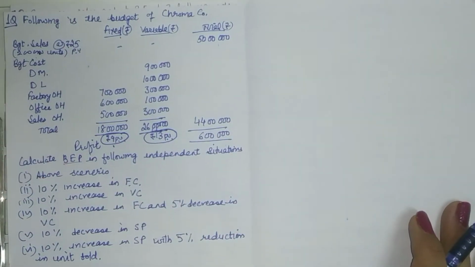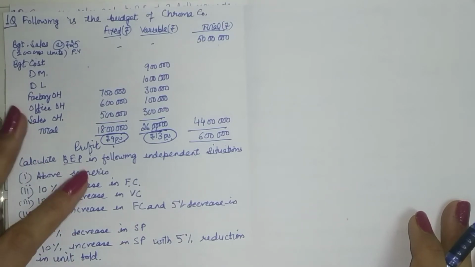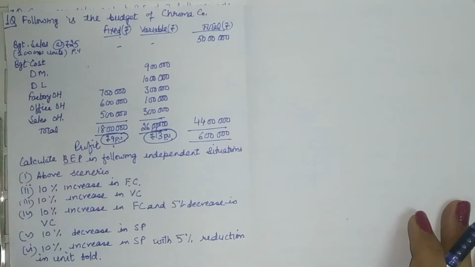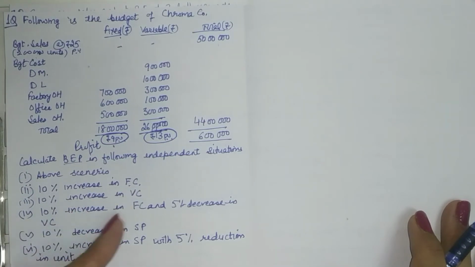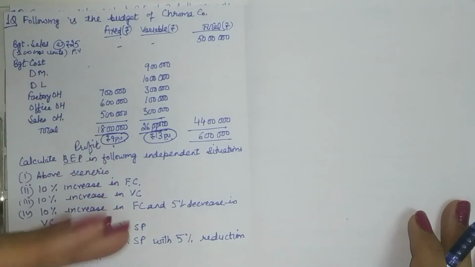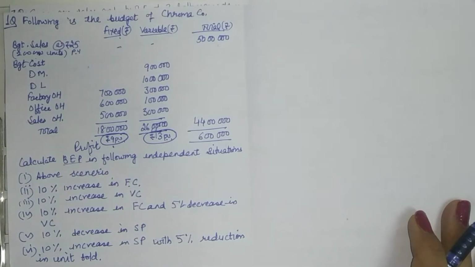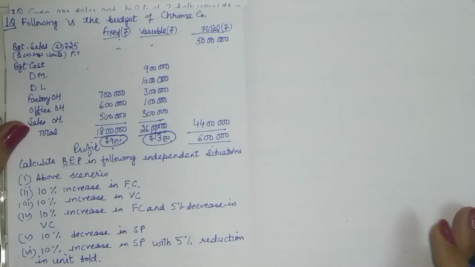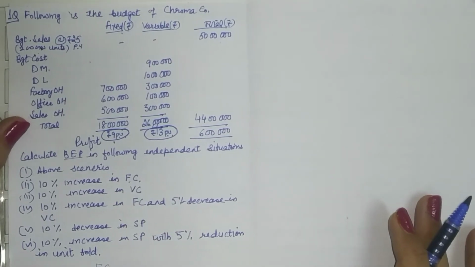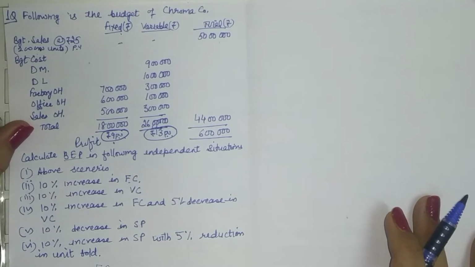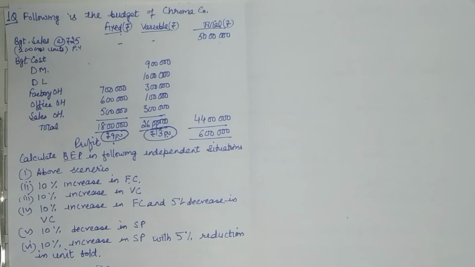Now, what we have to do in this question, it's a basic simple question, calculation of break-even point in different situations, like when variable cost is changing, and both the costs are increasing or reducing, selling price is changing, then how does it affect our calculations? Alright. So, basically this complete question is relating to break-even point and effect of changes in the variables on the break-even point. So that we are going to study through this.